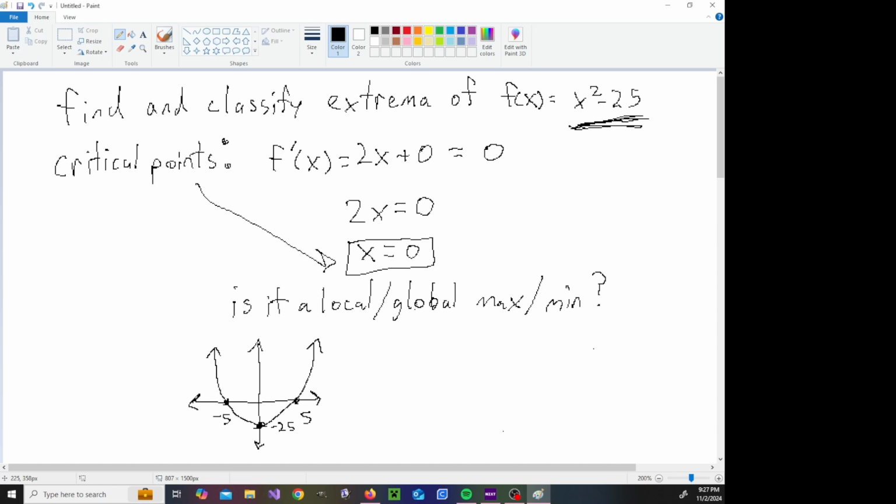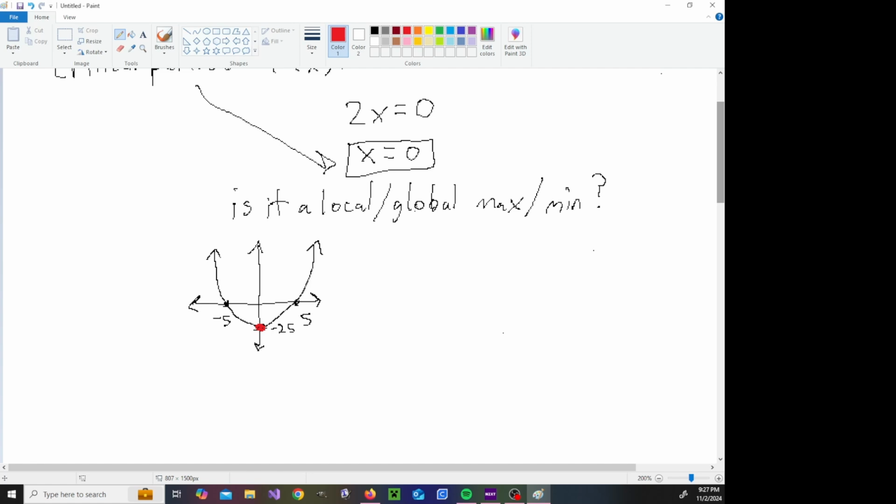So when x is equal to 0, can you tell me what kind of extreme value we have? Is it a max or a min? Well, it certainly must be a minimum. Is it a local or a global? Well, I see that as the lowest the function ever goes. So that is a global minimum.